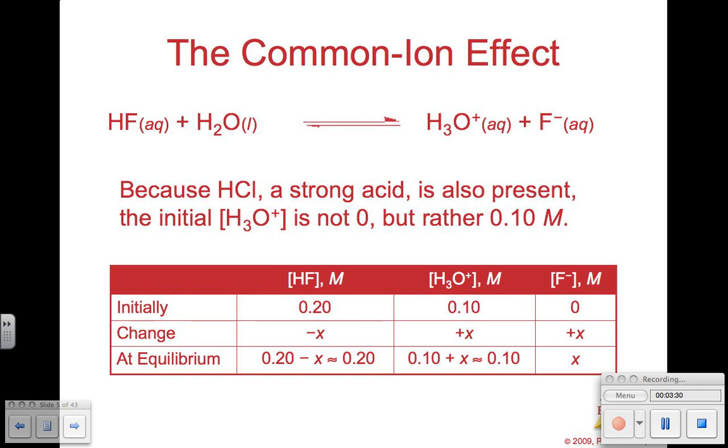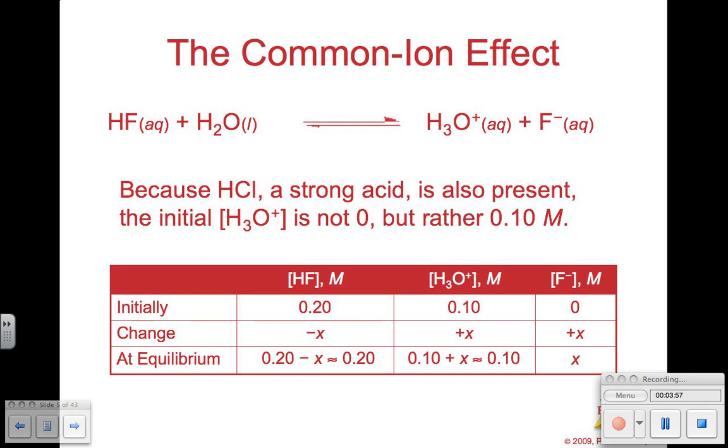Now here's the deal. Remember how when we used X, since HF is a weak acid, the X, or how much dissociates and goes into the products side, is going to be very small compared to the initial concentration.